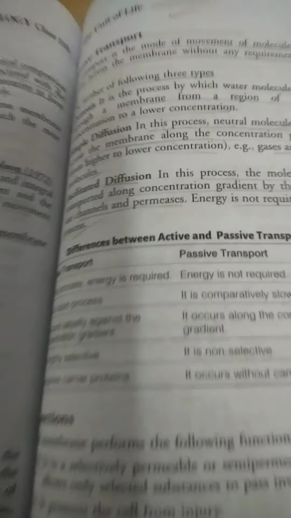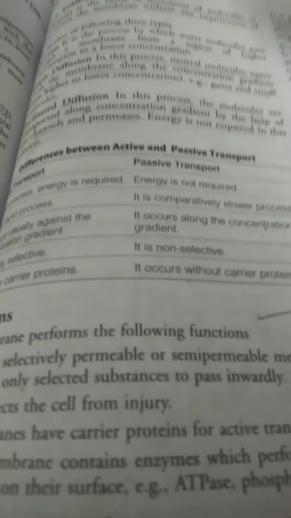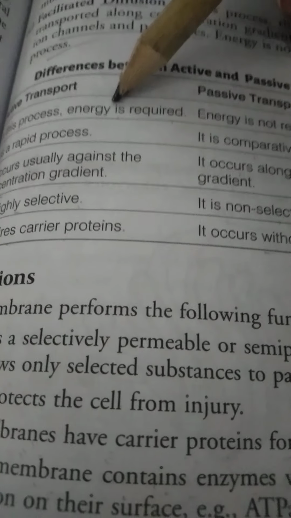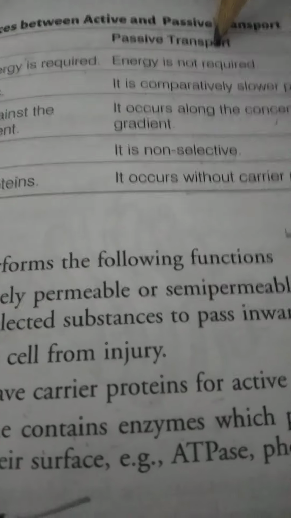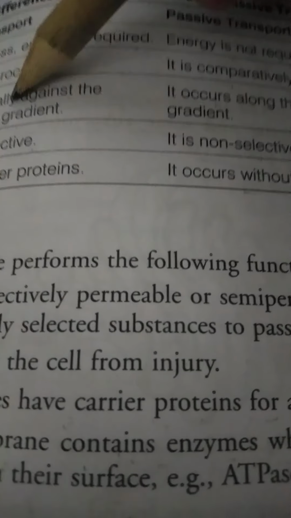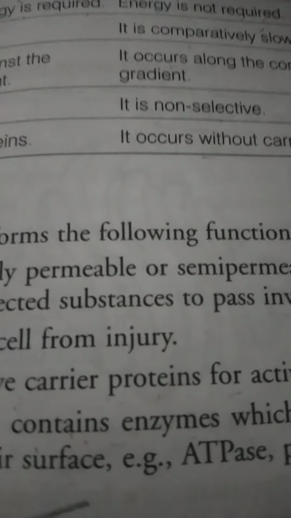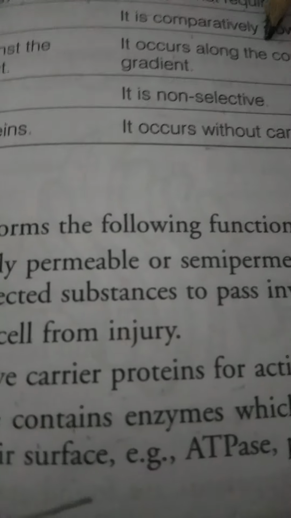So these were the active transport and the passive transport. Now we'll look at the table, the difference between the active and the passive transport. In active transport energy is required, while in passive transport no energy is required. Active transport is a rapid process; passive is comparatively slower.